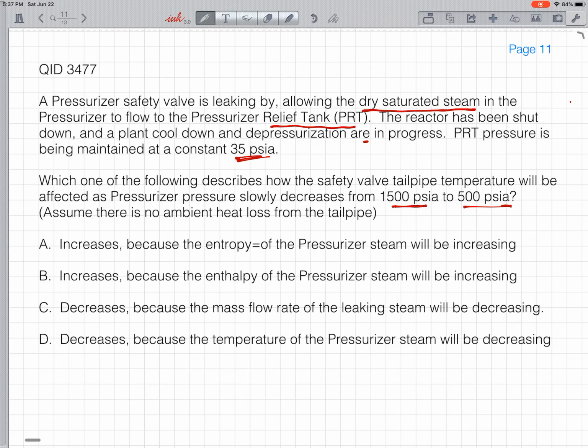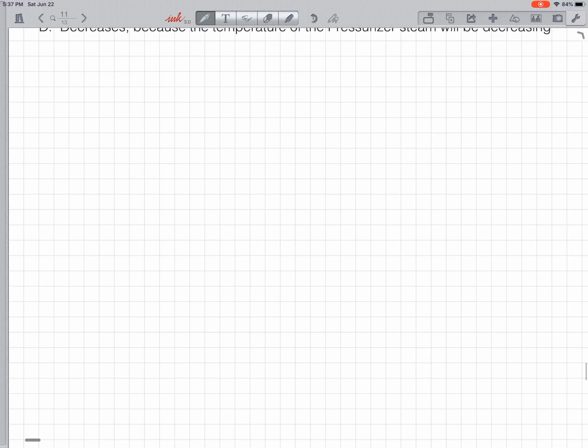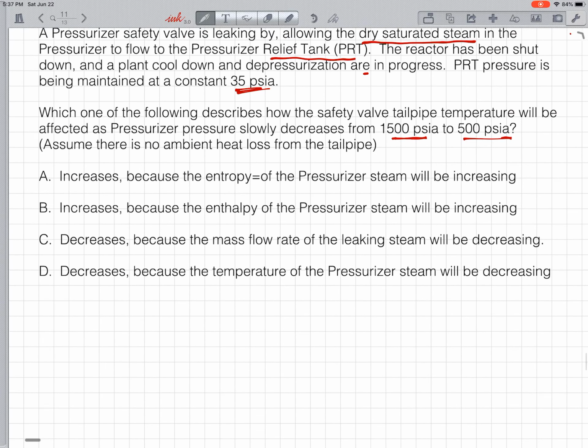Alright, so they want to know enthalpy. Enthalpy question, alright? So before I even look at any of the answers, I know that we start right here. Pressure at saturation equals 1500 psi-A.